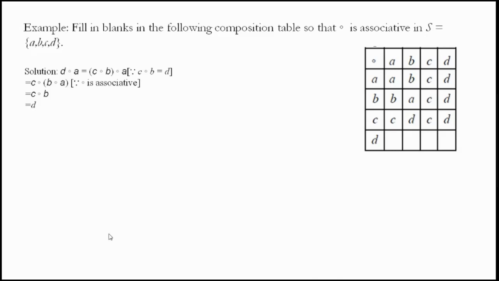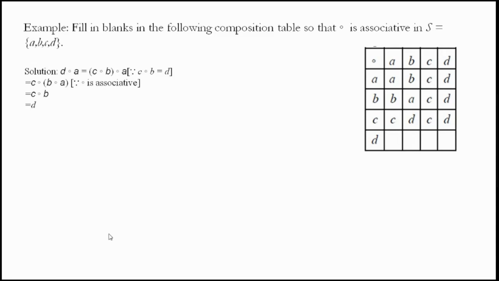So the solution is D binary operator A. Here we are going to take the previous row where you got D, that is C binary operator B. If you take C binary operator D, we have not defined what D is, so we cannot expand it further.